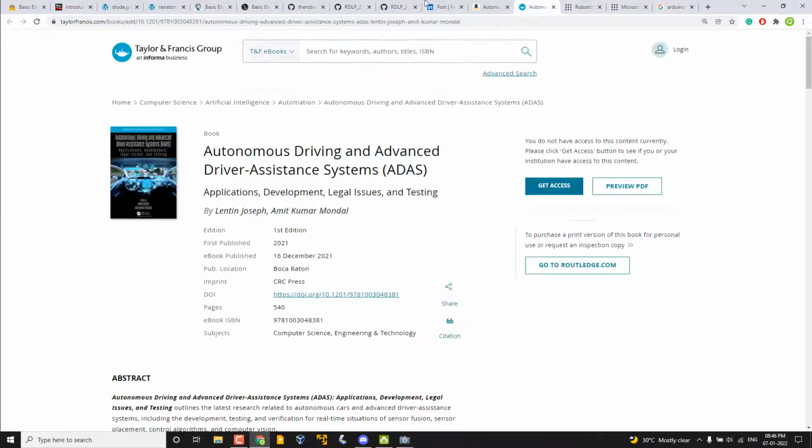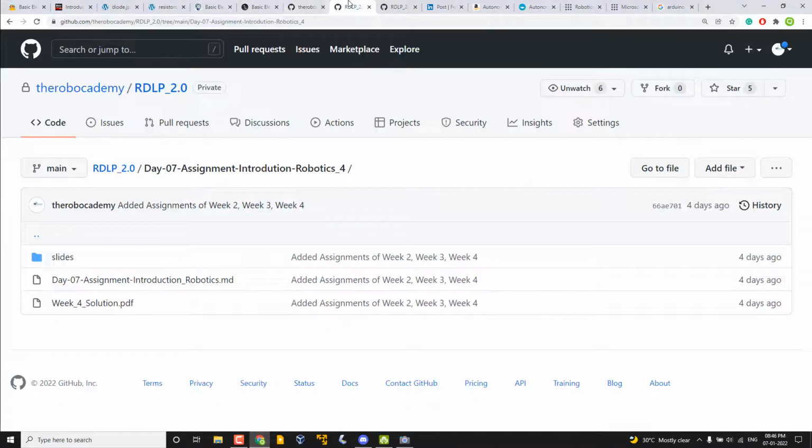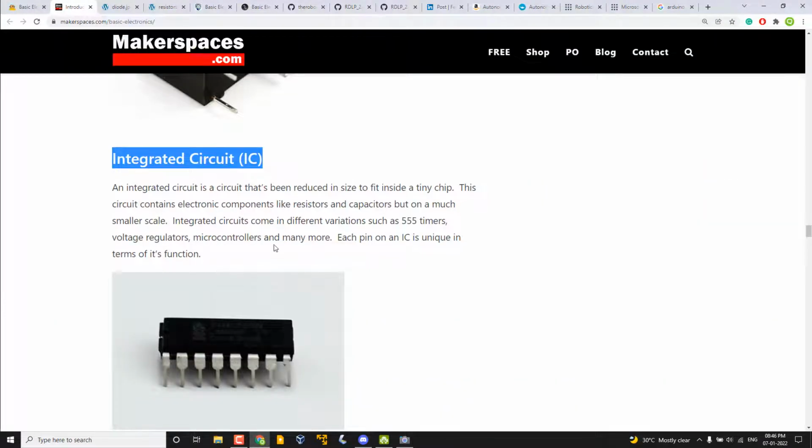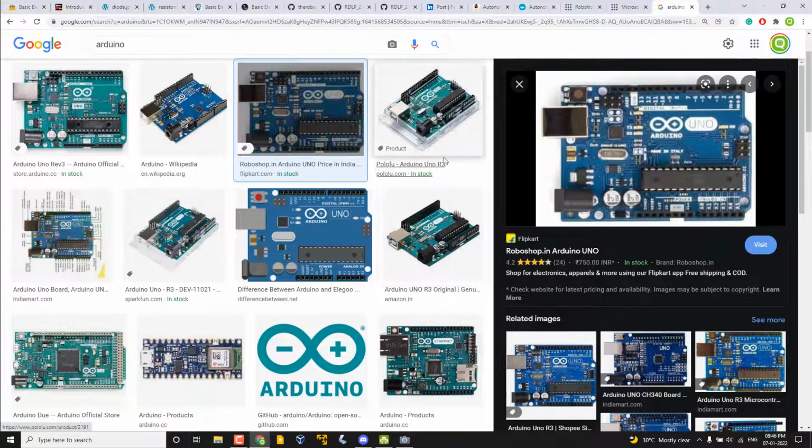After finding the ICs, then we have microcontrollers, processors, right? So there are a lot of inventions happening in the field of integrated circuits. We will be mainly dealing with the microcontrollers. In our syllabus we are dealing with the microcontrollers and the microprocessors, so that is what we are dealing with in robots.